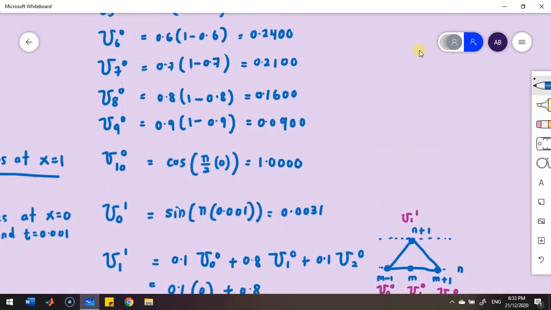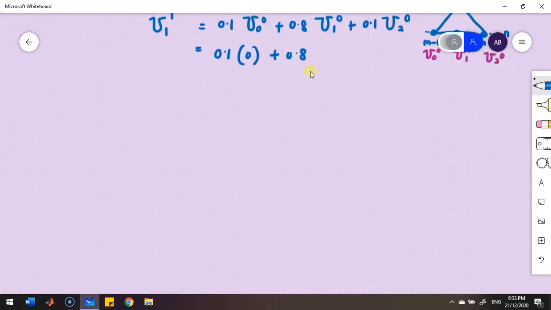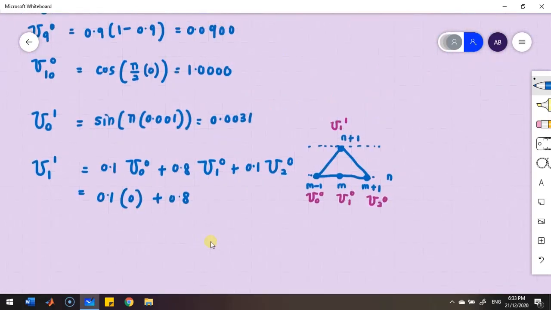So I have 0.1 times 0, plus 0.8 times 0.09, plus 0.1 times 0.16. 0.8 times 9 is 72, so 0.072 plus 0.016. So I have 0.0880.